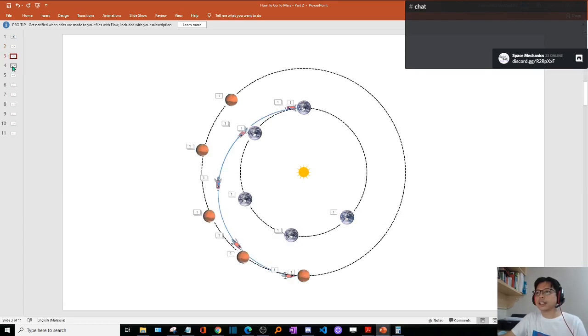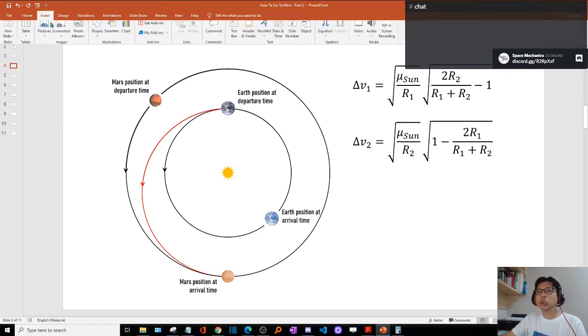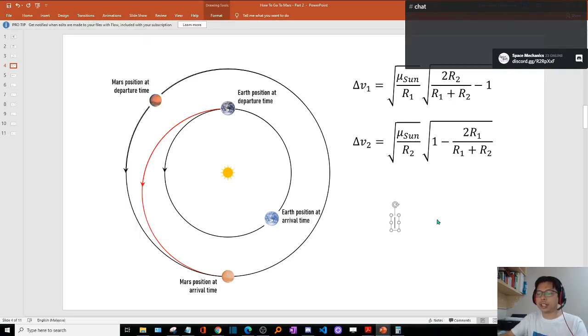And this is, I think, pretty easy. Delta v1. Notice that I use small v because this is the delta v, the heliocentric speed.